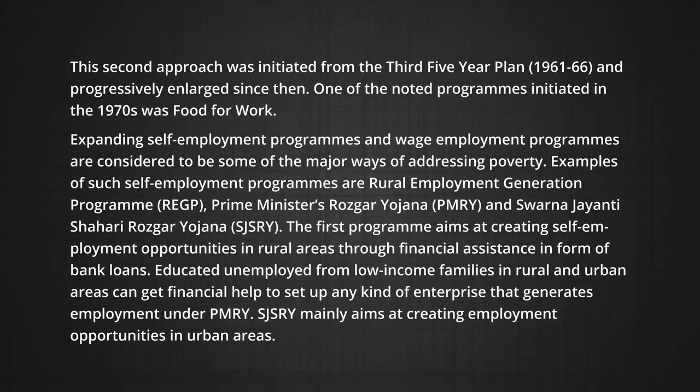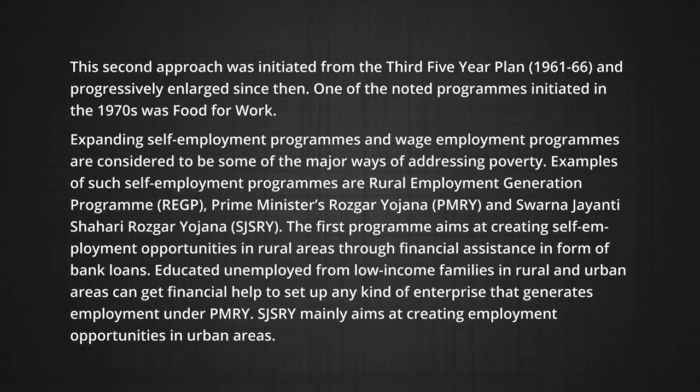Now, let us see some examples of such self-employment programs. They were the Rural Employment Generation Program, REGP, Prime Minister's Rozgar Yojana, PMRY, and Swarna Jayanti Shahri Rozgar Yojana, SJSRY. The first program aims at creating self-employment opportunities in rural areas through financial assistance in the form of bank loans.